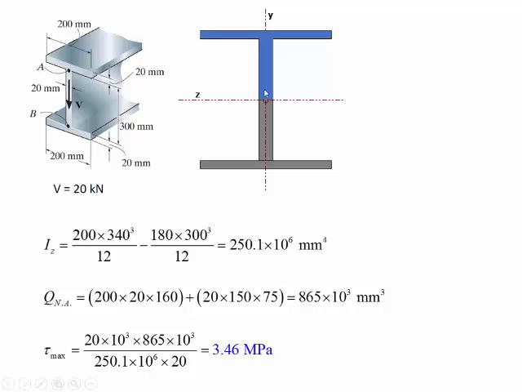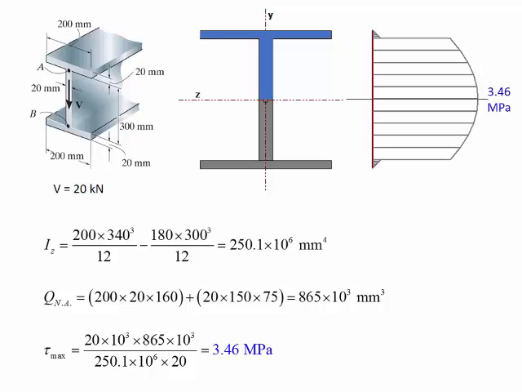Note that we are calculating the shear stresses here at the neutral axis, so the width of the web at that point is 20 millimeters, and the resulting shear stress is 3.46 megapascals. Megapascals because I have used newtons and millimeters, so the resulting value is newtons per millimeter square. And this is the distribution of the shear stresses along the depth of the cross section. The maximum value is 3.46, which we just calculated.